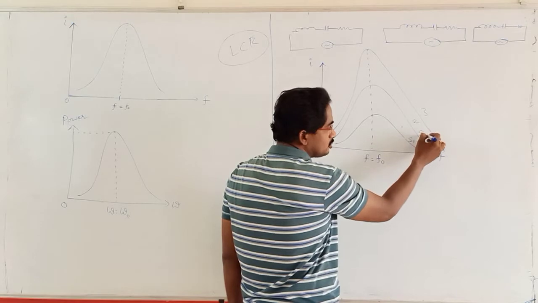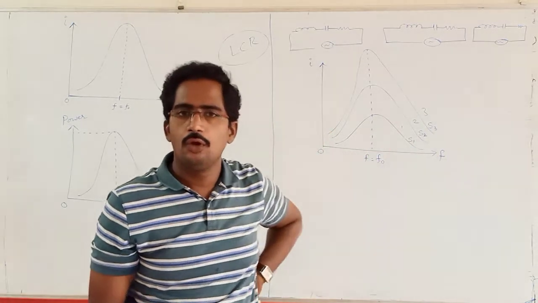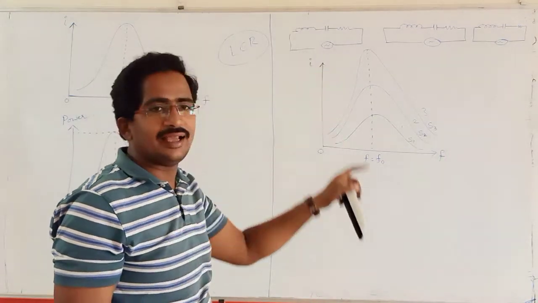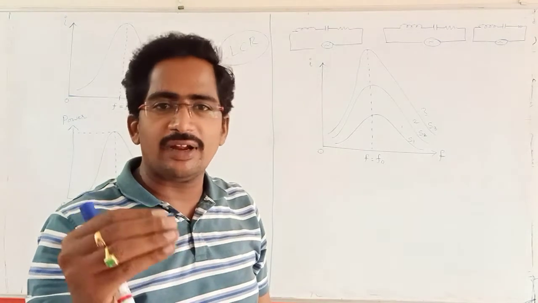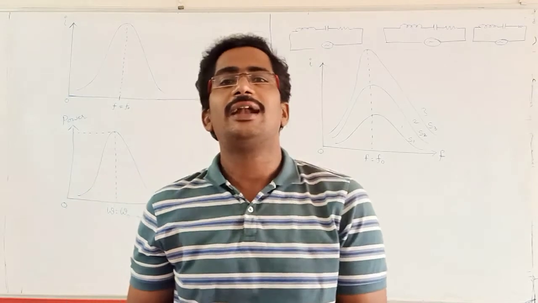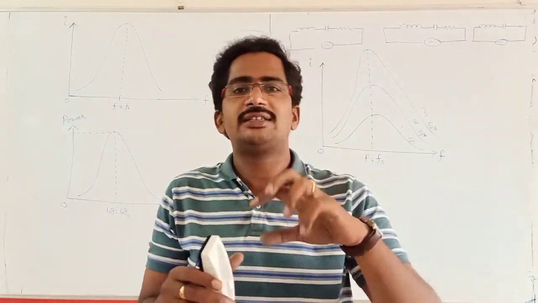Sharpness of this one is S2, sharpness of this one is S3. Whenever sharpness is more, then it can generate more current at the resonant angular frequency. That is more beneficial to us.